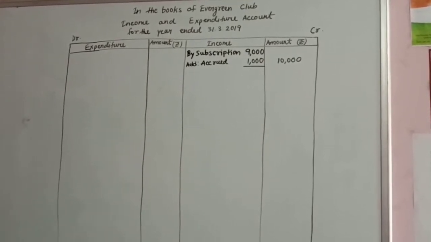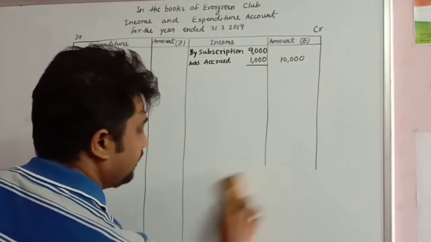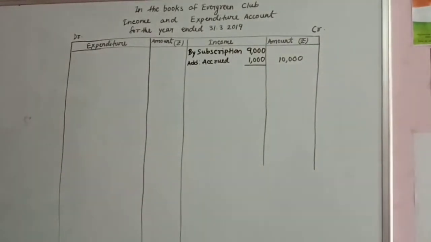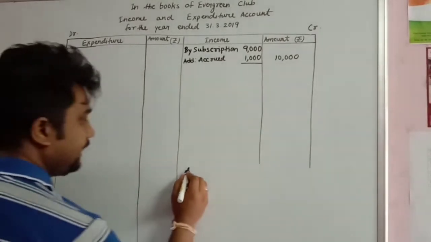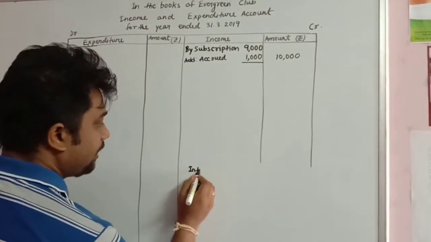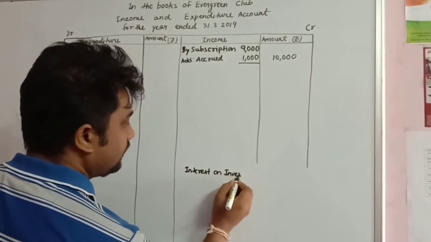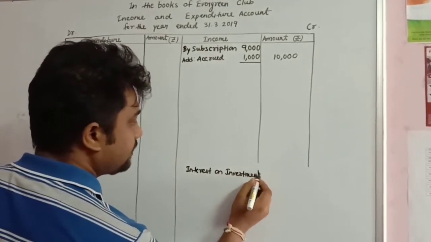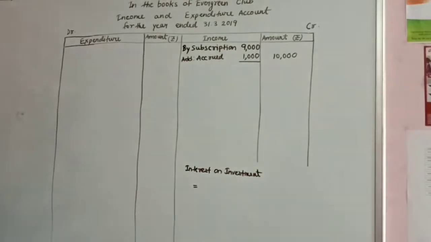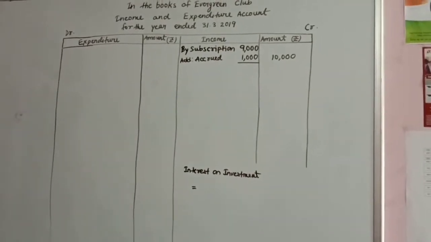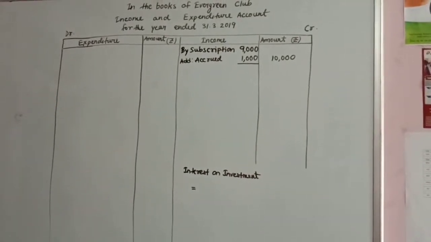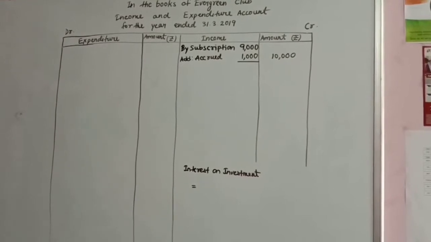Now I shall be doing the working here. The investment amounting to rupees 10,000 was purchased on 1st of July, and the interest due on it was 12%.